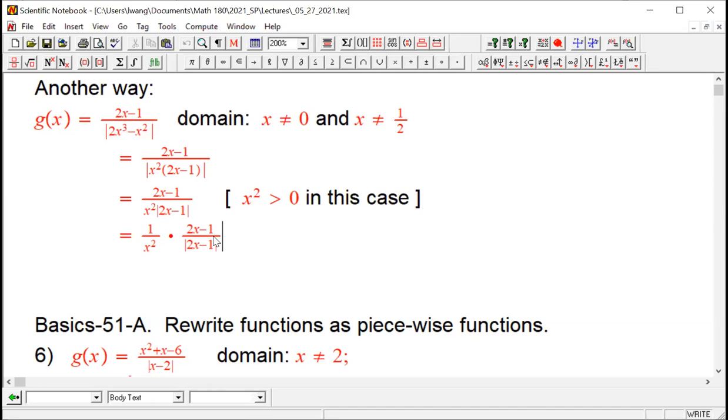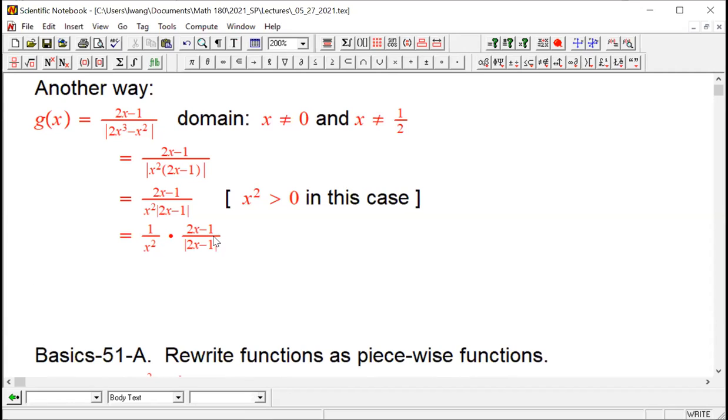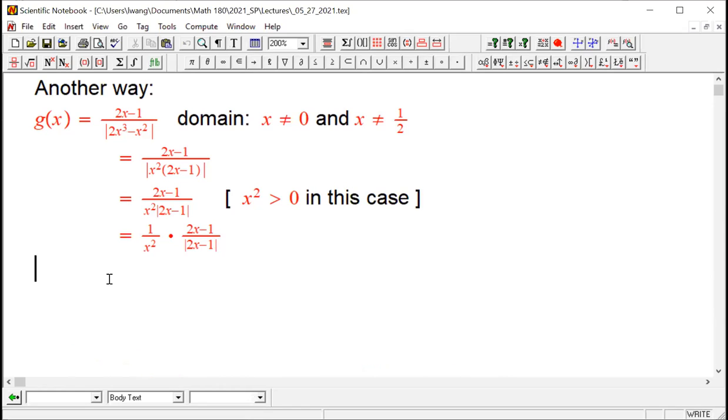We have done something similar about this before, didn't we? Which is number 3, isn't it? Similar. Okay, I want you to see this. Never mind about number 3, we just do it over, okay?